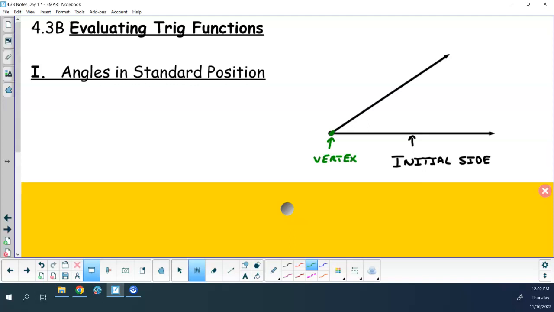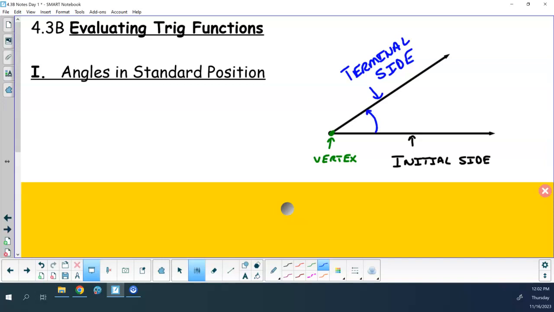Okay? Then, to actually form an angle, you then rotate the initial side around or about the vertex, and then you stop it at something that is called the terminal side. So we would rotate this initial side through and up, and we would stop it at that side.